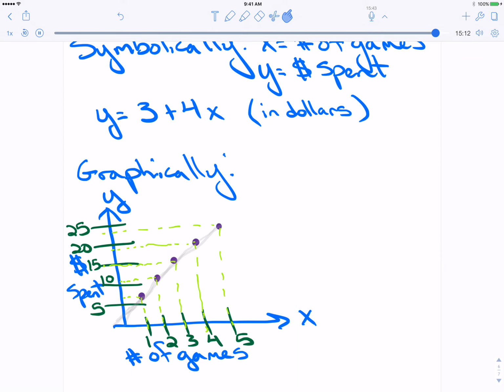Just remembering how we put these points on the graph. Now I could connect them with a line, but it's not going to be pretty because my drawing is only so pretty, and it should intersect the y-axis right about at 3 if it's well done.